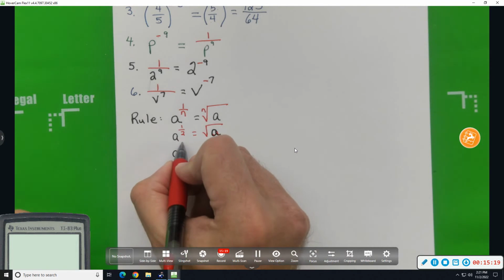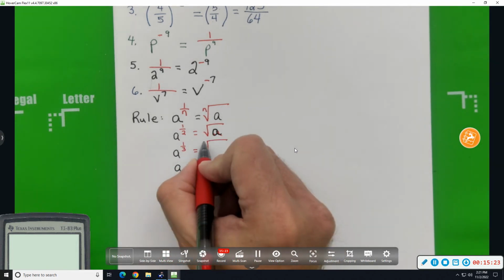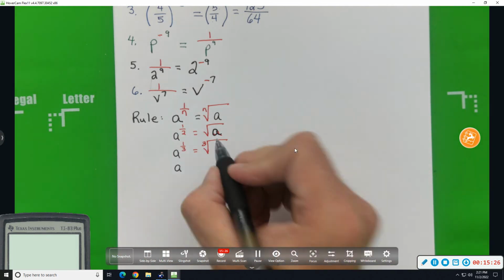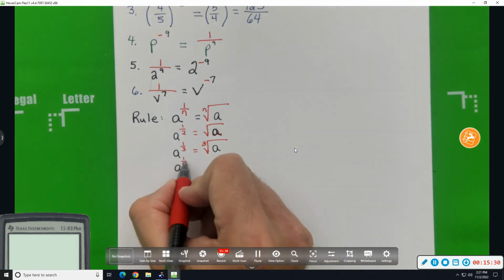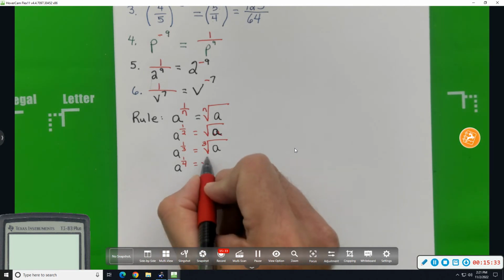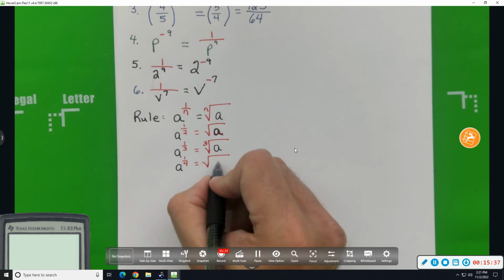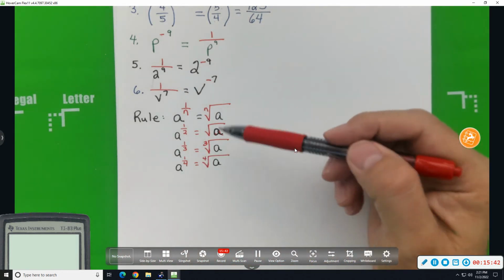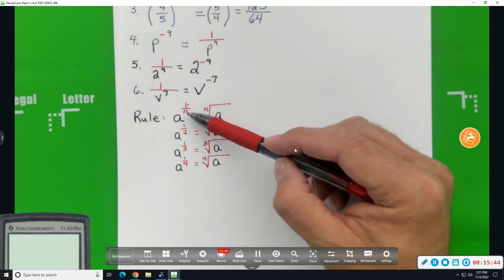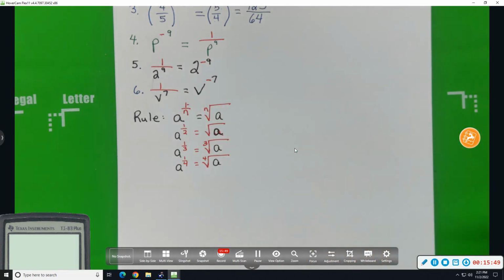A 1/3 exponent would be the same thing as a cube root. Just to make sure it's clear, a 1/4 exponent would be a 4th root. Dot, dot, dot. Instead of having to list it forever, we can say a 1/n exponent is an nth root. A 1/10 exponent would be a 10th root, and so forth.